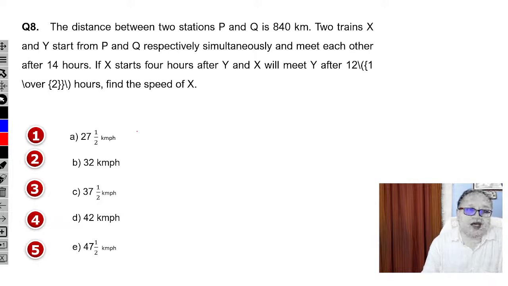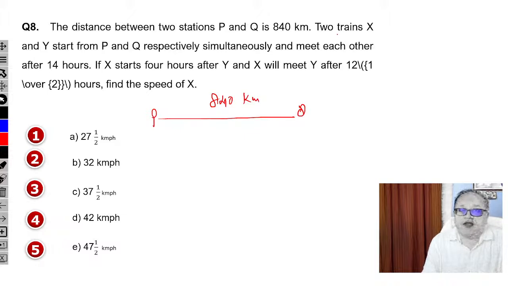So, I'll draw a diagram. P and Q are the two stations, 840 kilometers apart. X starts towards Y, and Y starts towards X, and they meet after 14 hours.